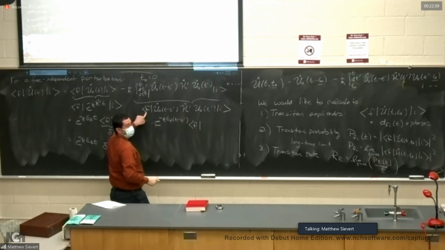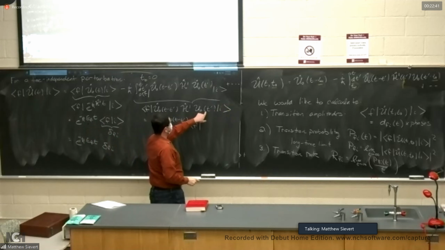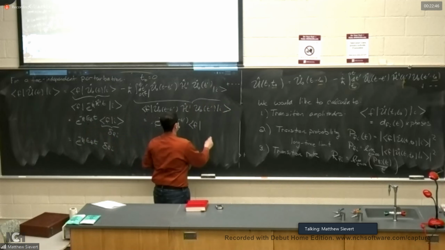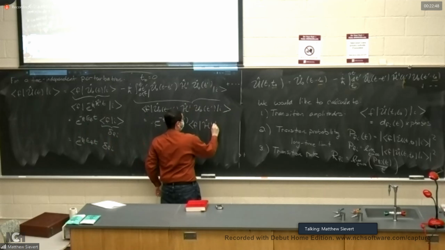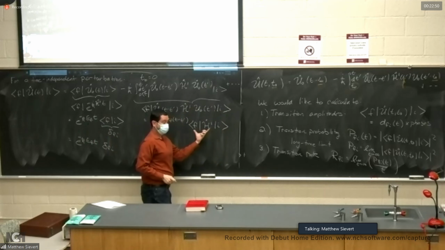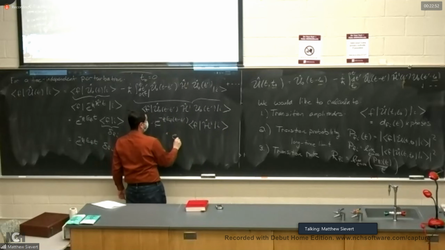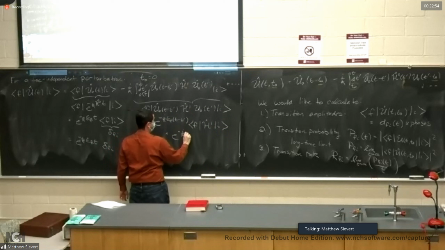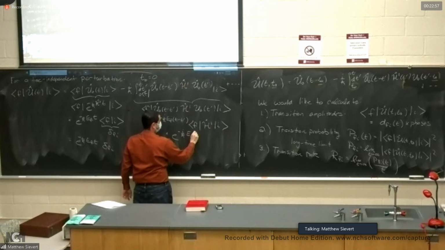And the state F comes through. On the right, U naught acts on this eigenstate and gives me a phase factor, and the state I comes through. So I have the perturbation H1 sandwiched between the initial and final states times a couple of phases, e to the minus i over h bar, E initial times t prime.